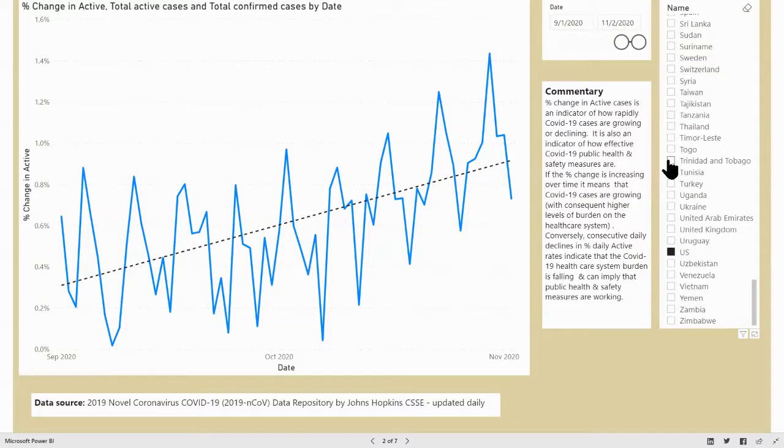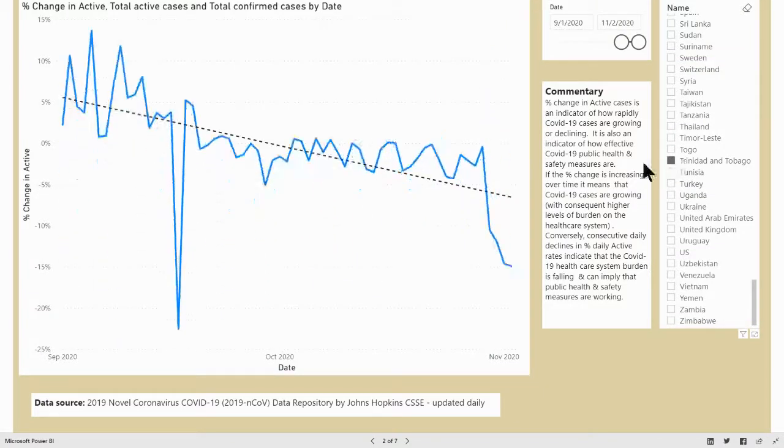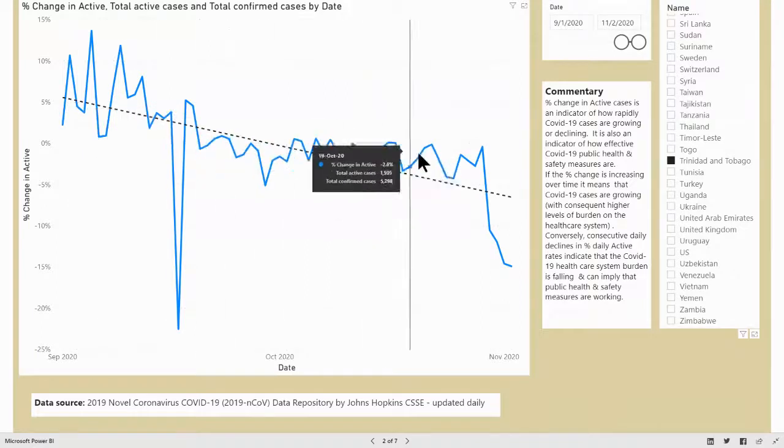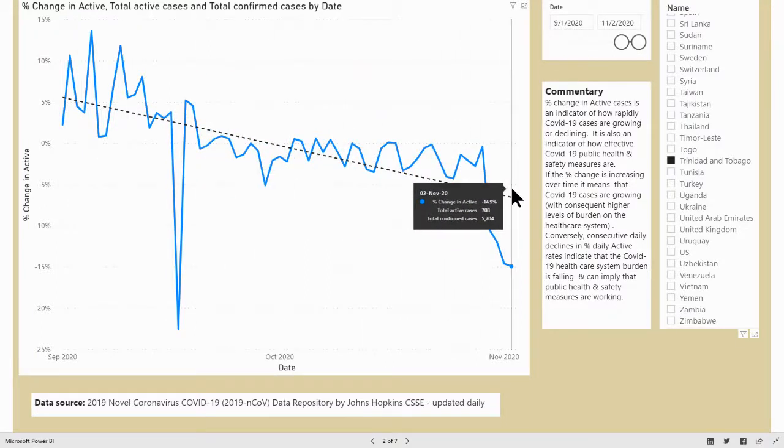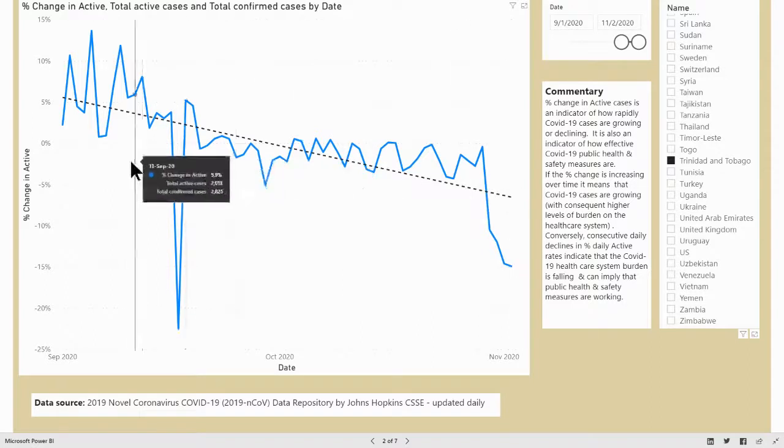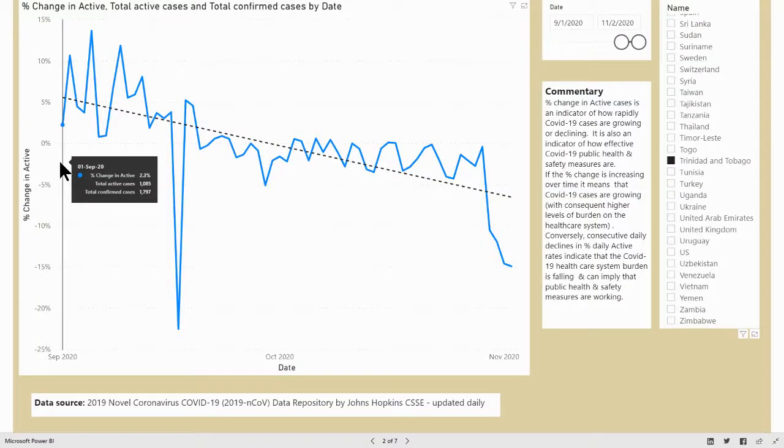If we compare that to our country, Trinidad and Tobago, Trinidad is actually showing a downward trend in the rate of growth in COVID, which would imply that the public health burden should be declining based on the number of cases. So we only have about 708 cases now of COVID active. Earlier in September, the beginning of September, we had over 1,000, nearly 1,100 active cases.